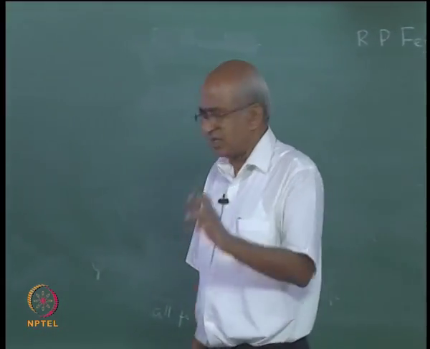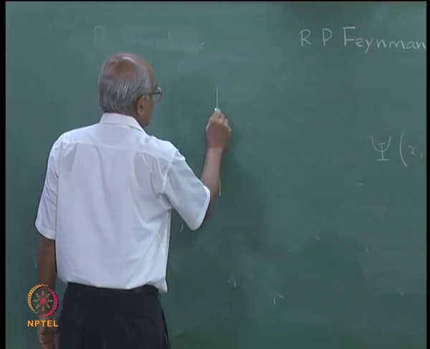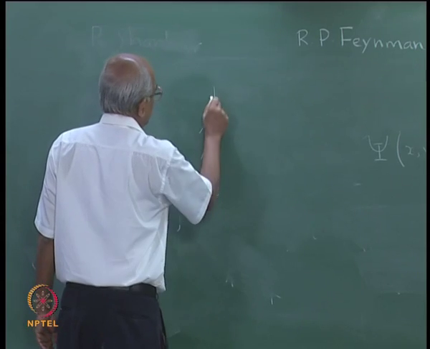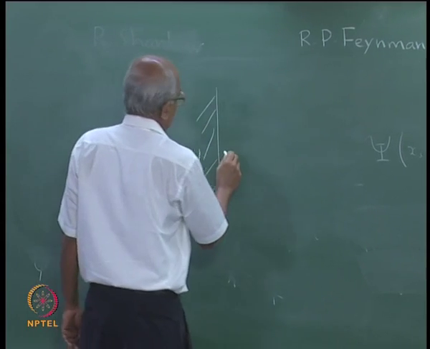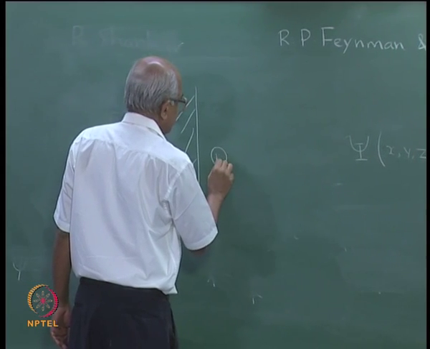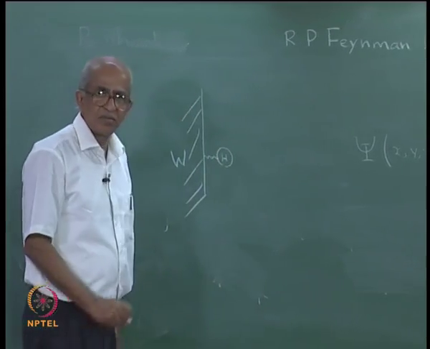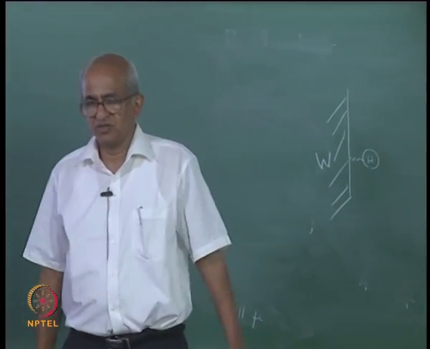Well, you may say that is artificial, but let me give you a very physical example. Imagine I have tungsten metal, and imagine that I have a hydrogen atom bonded to the tungsten metal, which is a very physical thing.